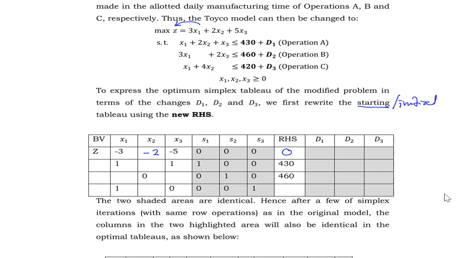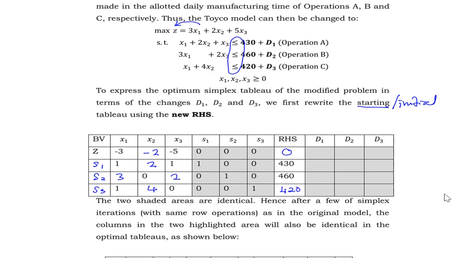The basic variables for this initial tableau are S1, S2 and S3. The columns are 1, 3, 1; 2, 0, 4; 1, 2, 0; and then 1, 0, 0; 0, 1, 0; 0, 0, 1.